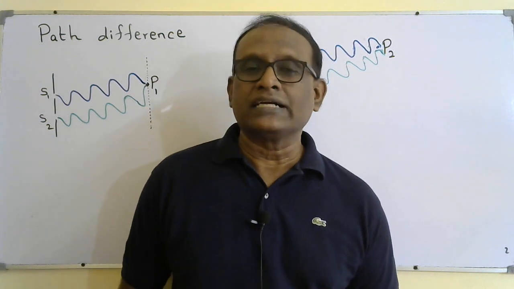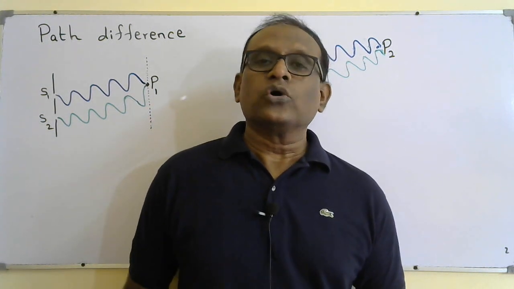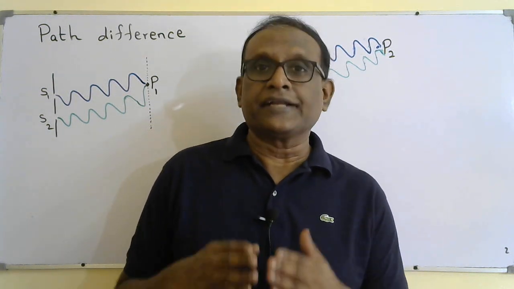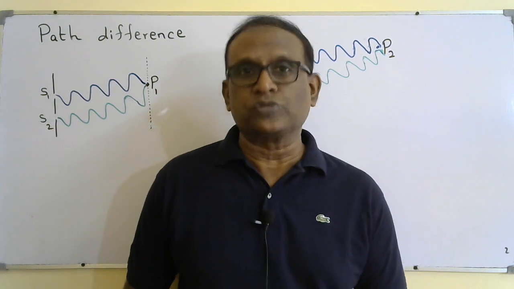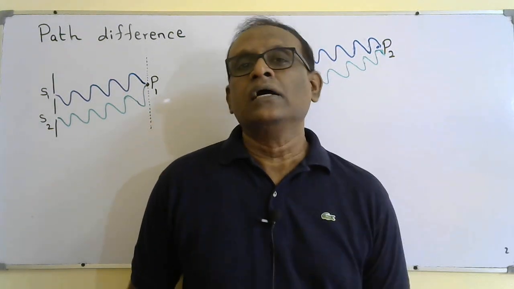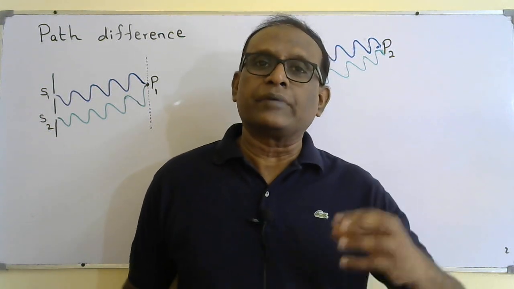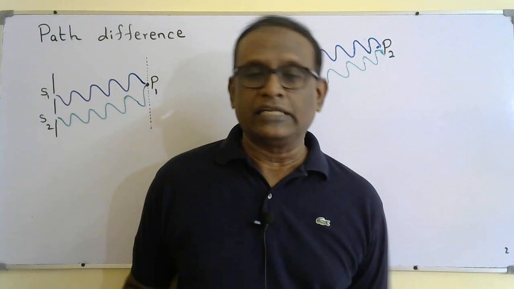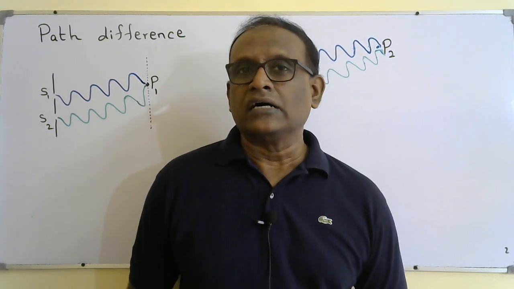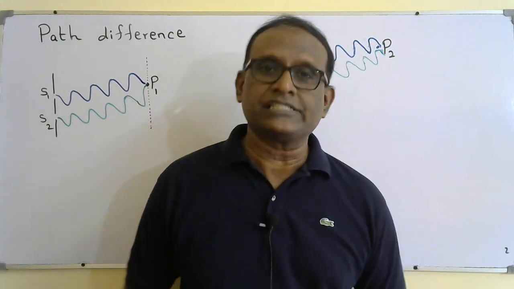In your syllabus we consider two-wave superposition. We already learned that to have constructive superposition, the required phase difference should be 0, 2 pi, or 4 pi and so on, an even number of pi. To have destructive superposition, the phase difference should be pi, 3 pi, 5 pi and so on, an odd multiple of pi. But phase difference is not a measurable quantity. It's actually a property of the wave equation.